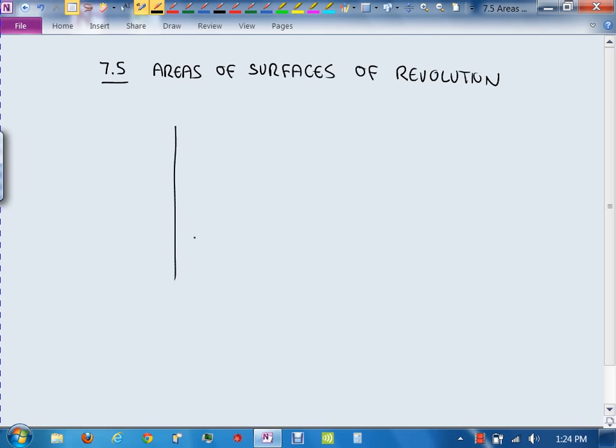So this is going to look very similar to what we've already done. Take some function, take it between 2 points, wrap it around the x-axis. But instead of looking for a volume, we want the surface area of the outside of that object. Different measurements, right? Surface area and volume are two different things.